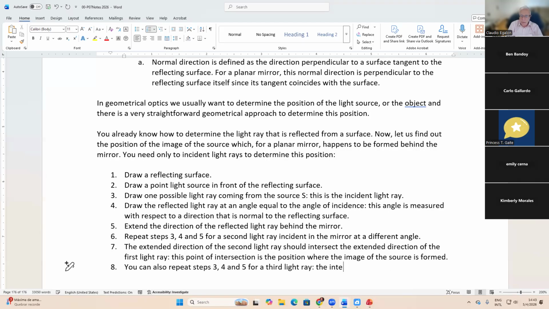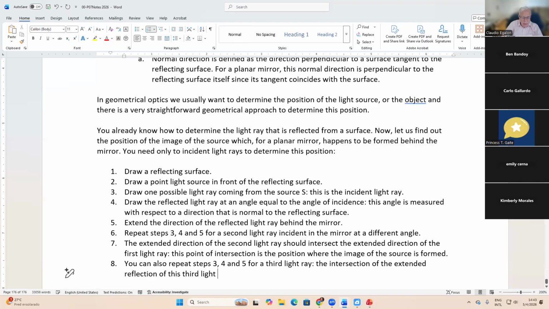The extended reflection of this third light ray should coincide with the previous intersection.